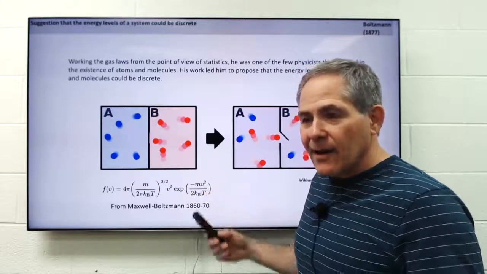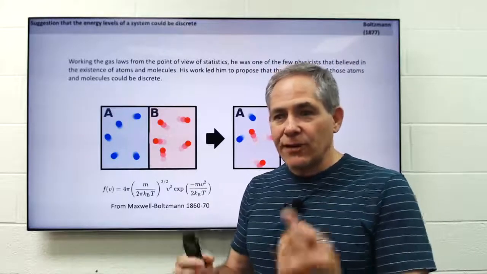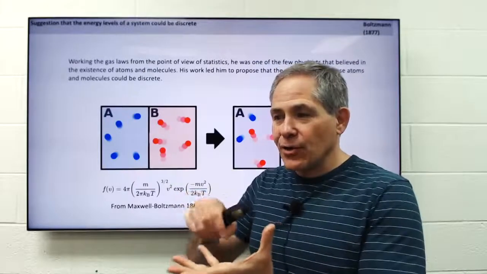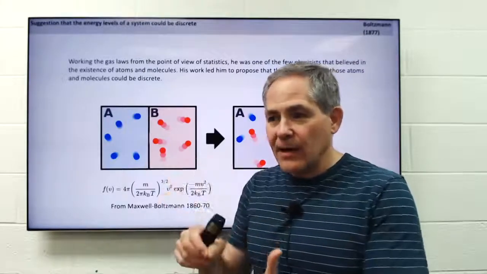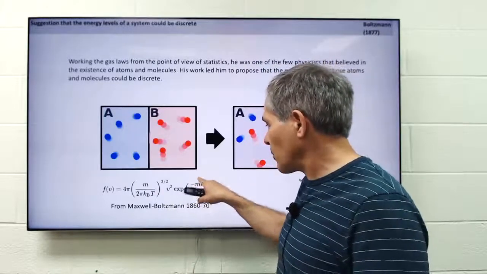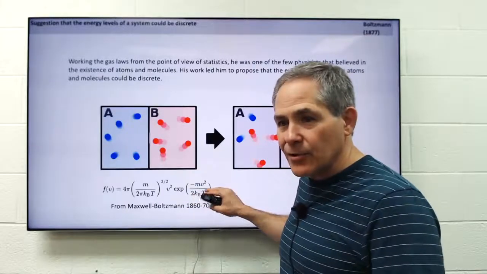What is 1/2 mv squared? That's kinetic energy, the energy of atoms. So the kinetic energy of a gas made out of atoms is entirely put together by the kinetic energy of these atoms, 1/2 mv squared, divided by Boltzmann's constant and the temperature.